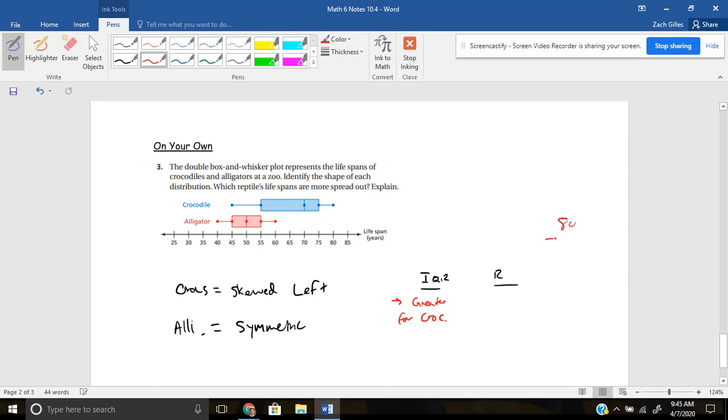So 80 minus 45 gives you a 35 year range. For alligators, it goes from 40 to 60, so that's only 20 years. So the range for crocodiles is also greater. The interquartile range is greater, and so is the normal range. So more spread out would definitely be the crocodile.